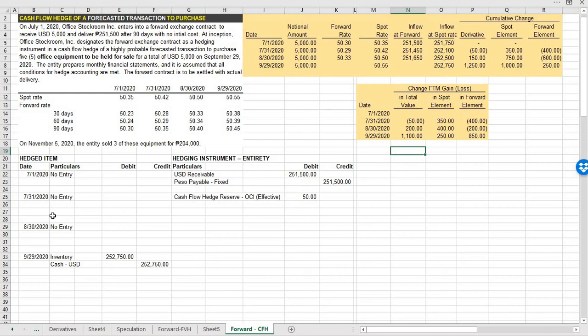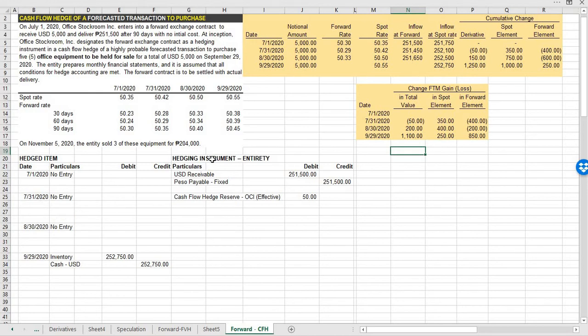At sabi, para magkaroon ng hedging, dapat may nangyayaring offsetting. At ang offsetting usually nangyayari sa profit or loss. At para magkaroon ng offsetting sa profit or loss, dapat meron kang na-record na account sa hedge item na affected ang profit or loss at ganun din for the hedging instrument.